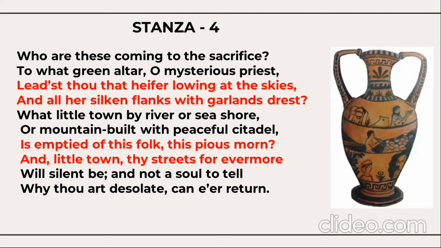Now the poet further says, "Leadest thou that heifer lowing at the skies, and all her silken flanks with garlands dressed." Heifer means young cow, dressed means decorated. The priest is leading a young cow to be sacrificed. The cow is lowing at the sky because it knows that it is about to be killed and offered to the gods.